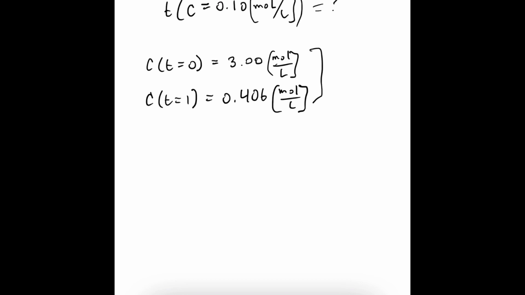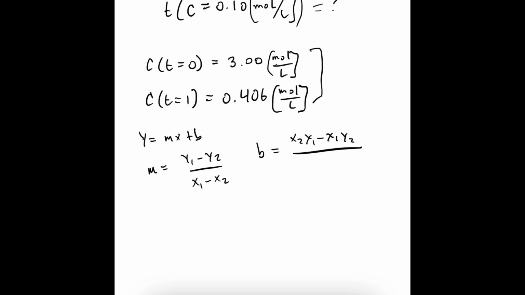So let's do our interpolation here. We have to make a line, y equals mx plus b. The slope equals y1 minus y2 over x1 minus x2, and b, the intercept, equals x2 y1 minus x1 y2 over x2 minus x1.